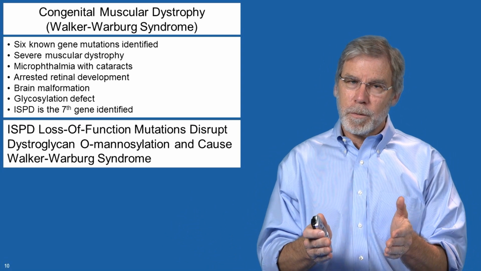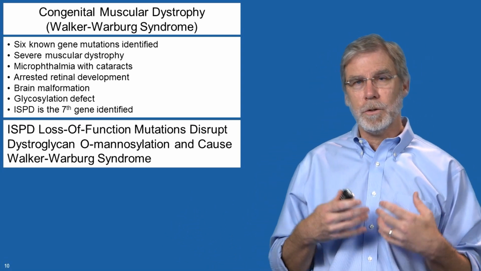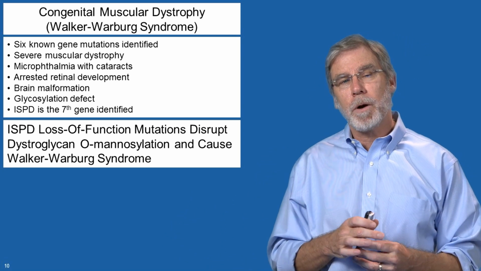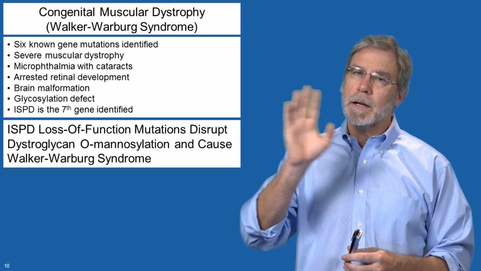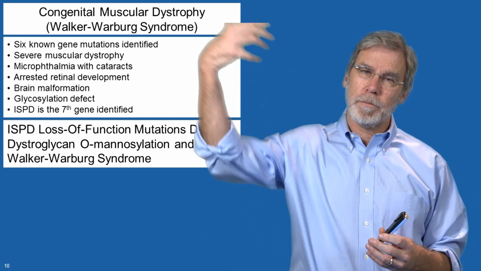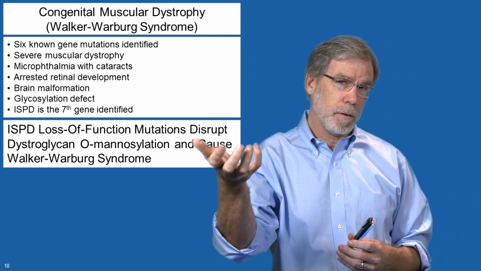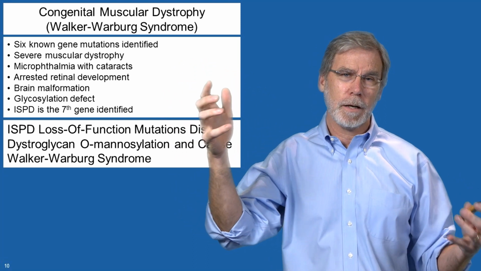At the time when we were doing a bit of work with Kevin Campbell to do more gene discovery, there were already 6 known gene mutations identified in components of how sugars are put on to alpha-dystroglycan, which is outside the muscle cell membrane in the very first figure that I showed you of the dystrophin-associated glycoprotein complex.